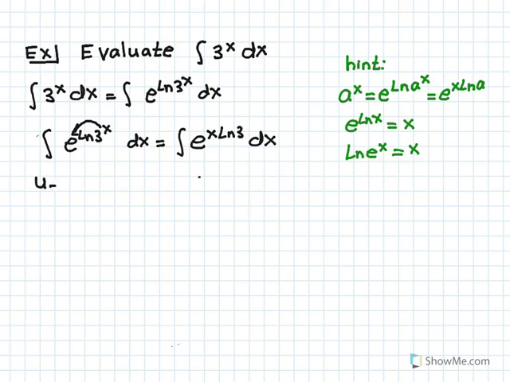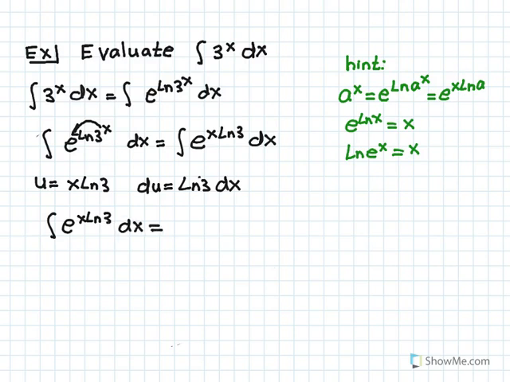We let u be equal to x log 3. du, the derivative, is log 3 dx. So we have the integral of e to the x log 3 dx is equal to the integral of e to the u times dx. Let's solve for dx.